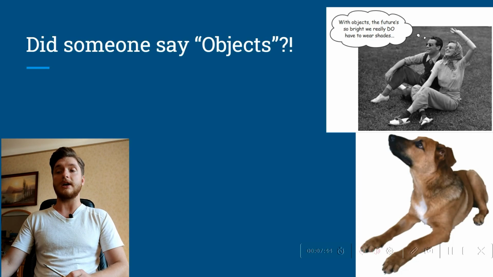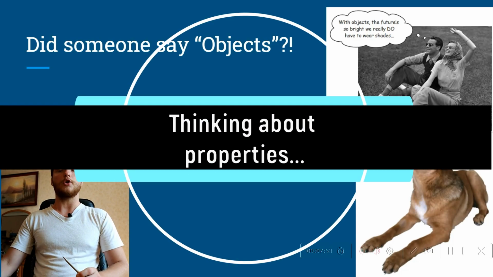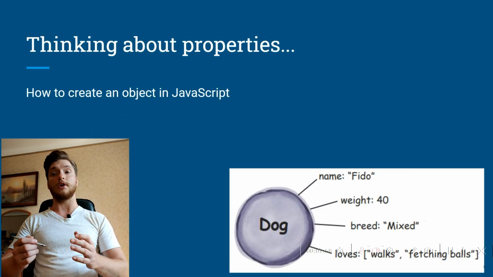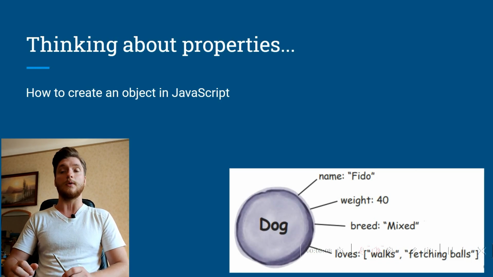All dogs have a weight, and the breed in this case we call mixed breed. Thinking about properties, of course, Fido would be the first to admit there is a lot more to him than just a few properties, but for this example, those are going to be the ones we need to capture in software.